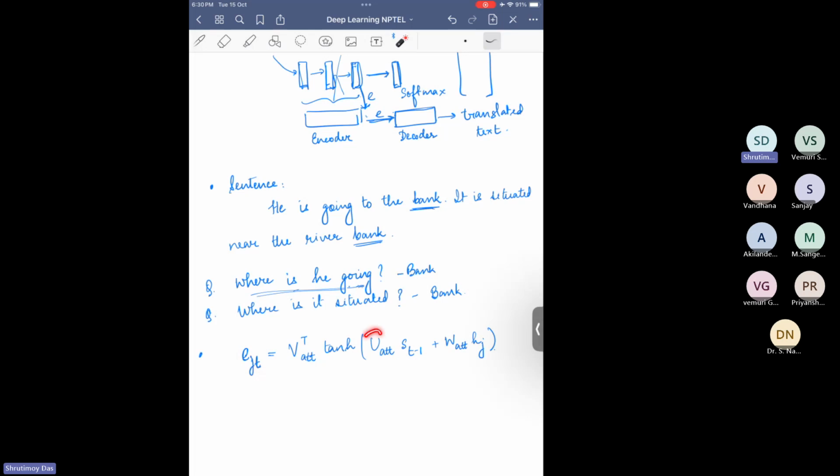You can see that this U, this W, this V are basically learnable parameters. That means once you train the network, it will learn these weights V, W and U such that the important parts, for this question, the network should learn that this thing is important. So for bank, these things will have high weights, and for the non-important parts, it will learn that these have low weights at this step.